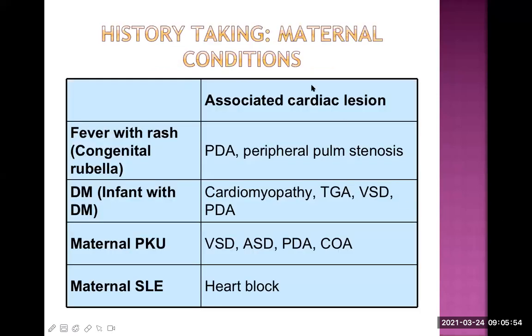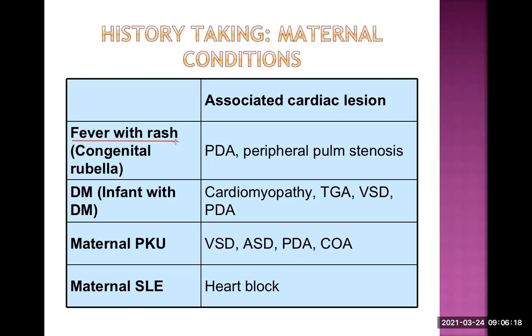Now, these are the maternal conditions which we must ask about in history taking, and which are associated with cardiac lesions. See here. If the mother suffered from fever with rash during pregnancy, that may be a case of rubella. Rubella is also known as German measles.